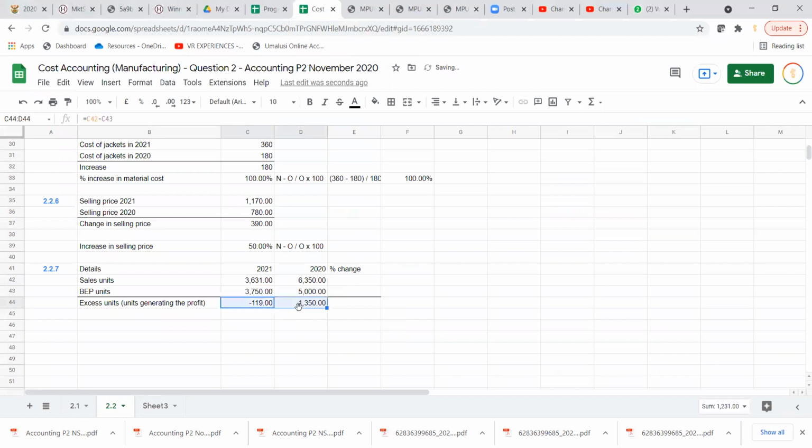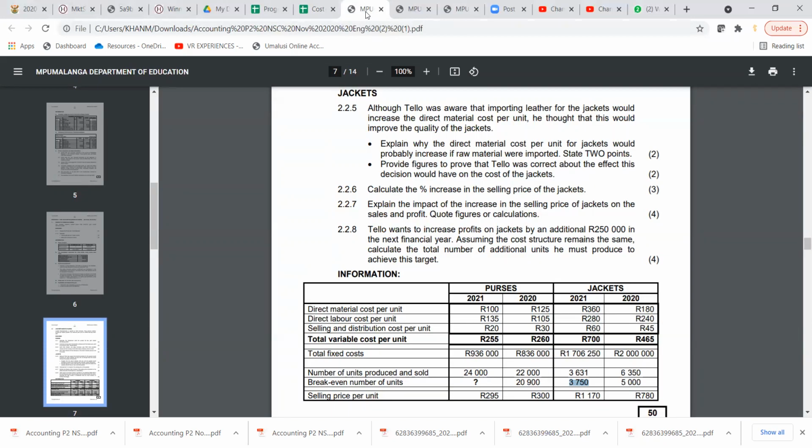Sales minus break even, we exceed by 1350.